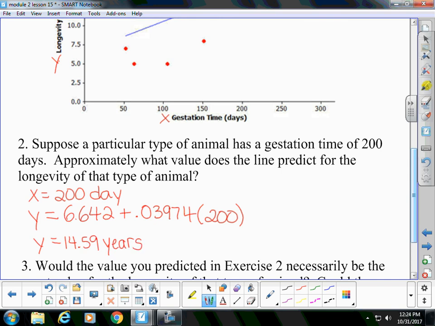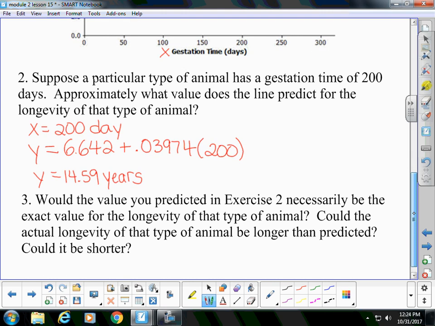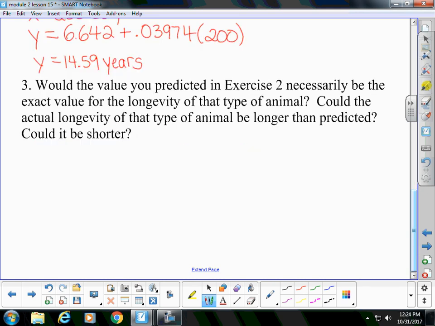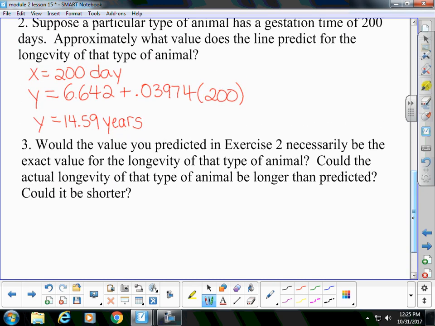Okay, it says, number 3, would the value you predicted in exercise 2 necessarily be the exact value for the longevity? Could the actual longevity of this animal be longer than predicted, or could it be shorter? So first of all, no, it wouldn't necessarily be the exact value.